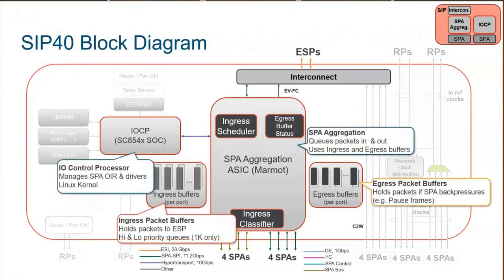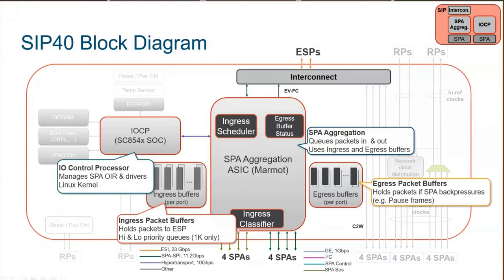The SIP will have interconnects that connect to the ESP; the ESP interconnect is known as ESI. It will have the EOBC and I2C internal links that connect to the RP for system monitoring and hardware programming functions.